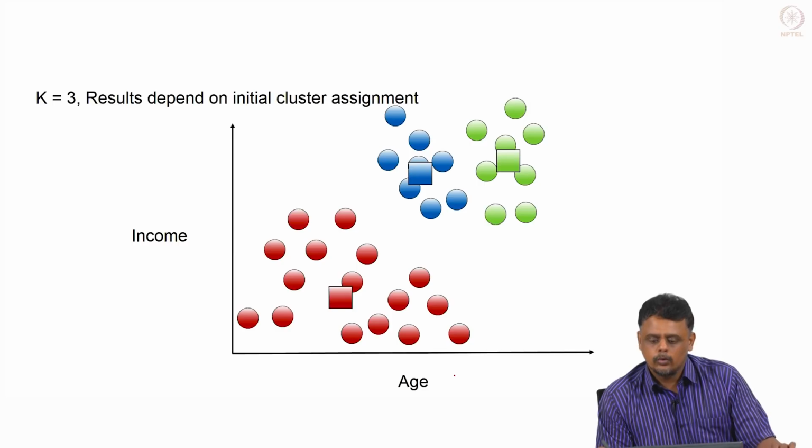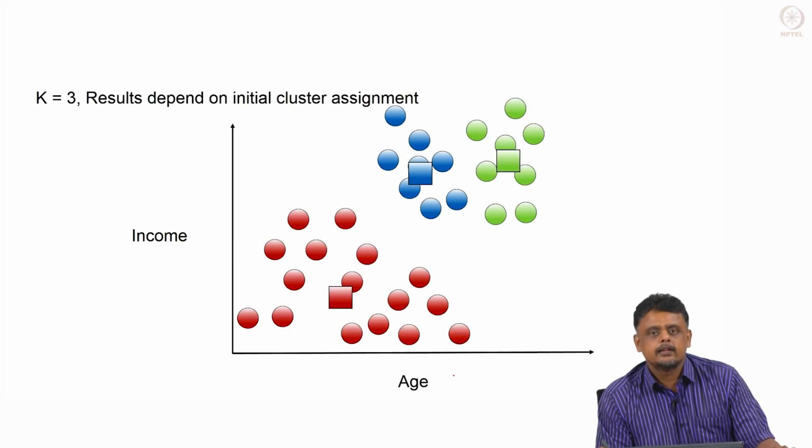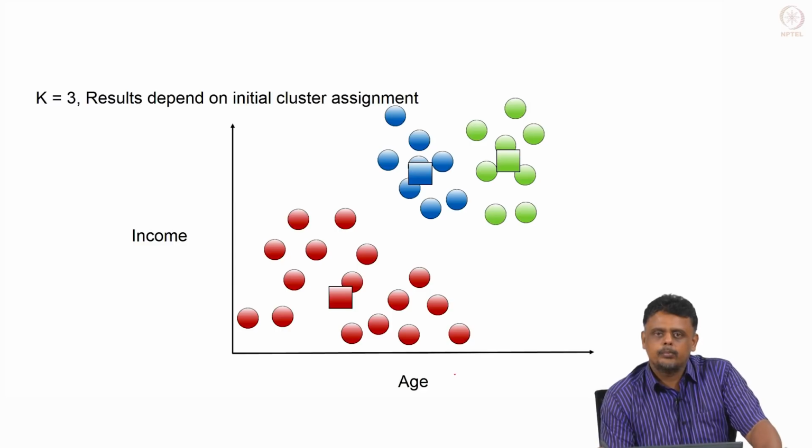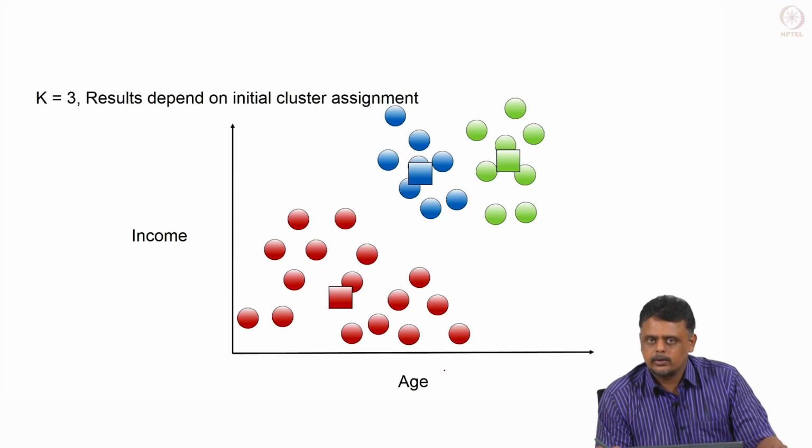It is the same data set. So, we had these red, blue and green clusters, and with a different initialization we will get something like this, which is different from the previous clustering that we obtained. So, this is very sensitive to the initial conditions. We will see later how we can resolve this problem, that is, how do we decide which one of the cluster centers is correct and which one we should discard.